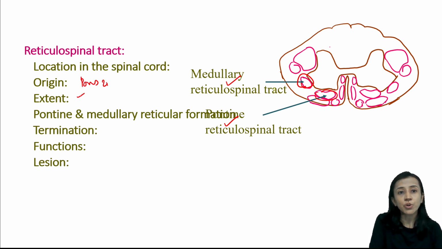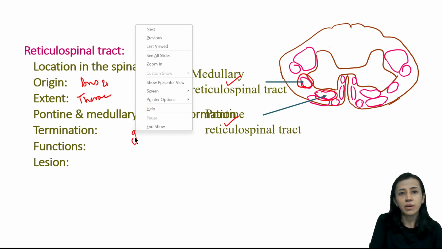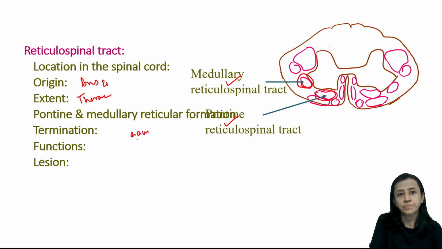They extend up to the thoracic segment only. Okay, and they terminate again here. The important thing is that reticulospinal tract fibers terminate on gamma motor neurons also. And what are the functions? Their function is postural adjustment of head, trunk, and limb.